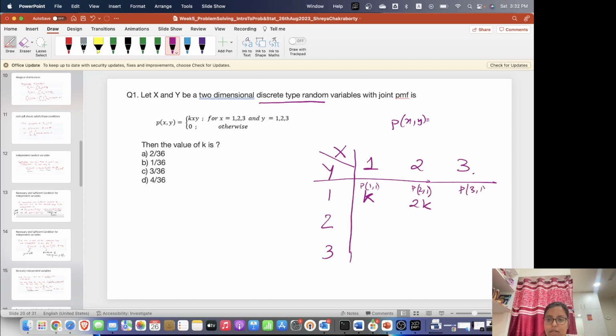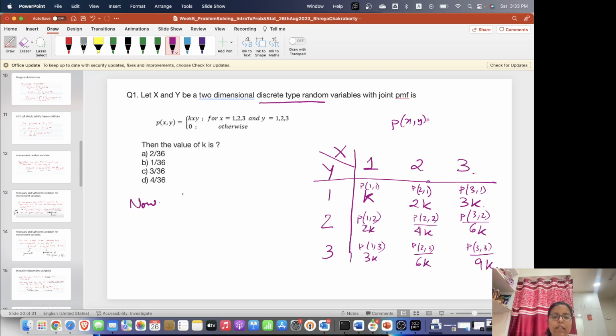This will be p31, 3k. Similarly, here we will also have 2k. Here we will have p13, 3k. p22 will be 4k. p32 is 6k. p23 will also be 6k. And p33 will be 9k.